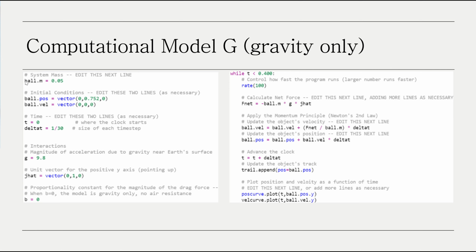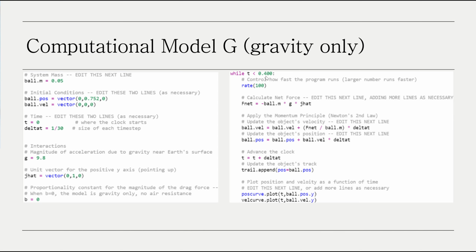So we found out that the mass of Yankee Man is 0.05 kilograms. The initial position is 0.752 meters in the j-hat direction. The initial velocity, however, is still 0. The b proportionality constant is 0, since we are only considering gravity in this case, not air resistance.